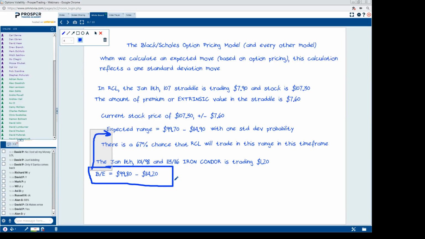Meaning in this case, because we are looking at a $3 wide iron condor, $3 wide on both sides here, a 1-to-1 reward to risk in this scenario would be $1.50. Collect $1.50, could lose $1.50. In this case right now, at $1.20, it's substantially below that ratio.